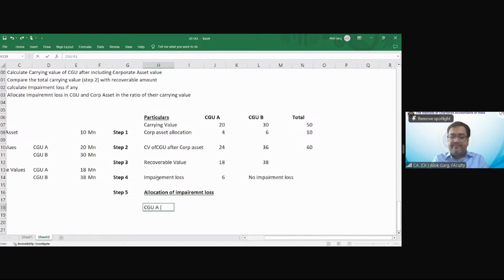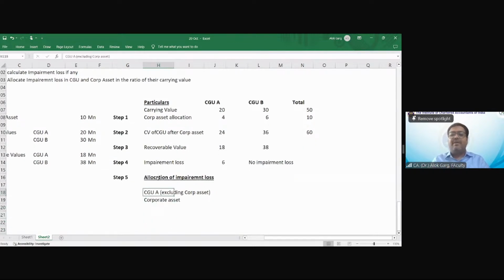CGU A, excluding corporate asset, and corporate asset. You have to allocate impairment loss on these two. How can I allocate the impairment loss of 6 million? In the ratio of carrying value of CGU excluding corporate asset and only corporate asset.